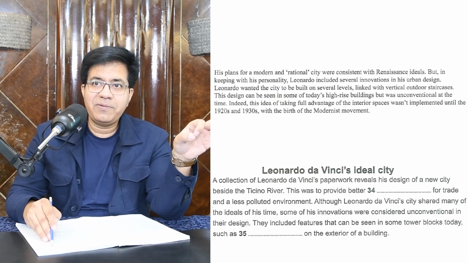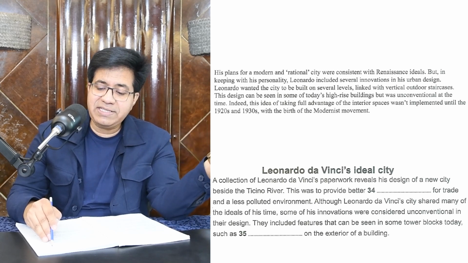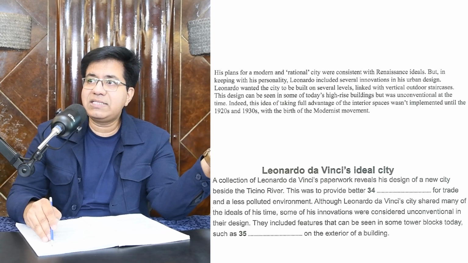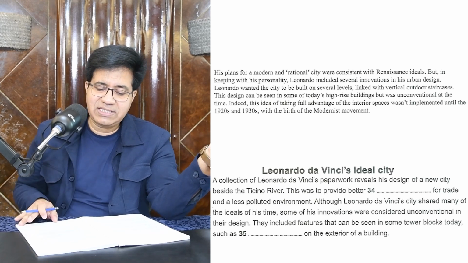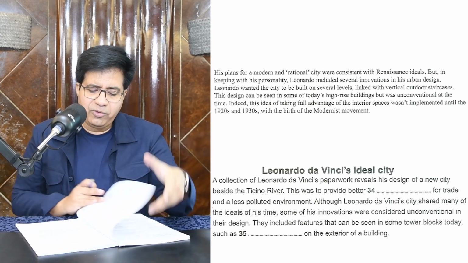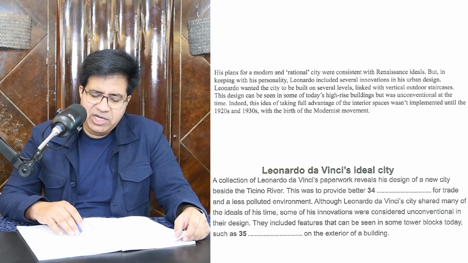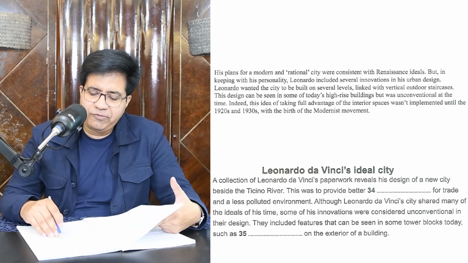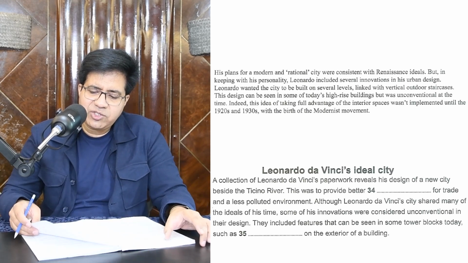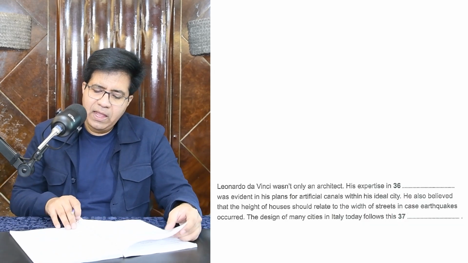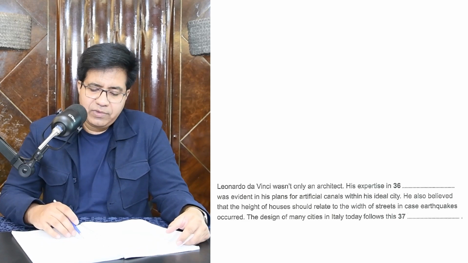What is outdoor? Exterior. So what is the answer? Answer is staircases. Tower blocks today, such as staircases on the exterior of a building. So answer is staircases. Now we have another summary.